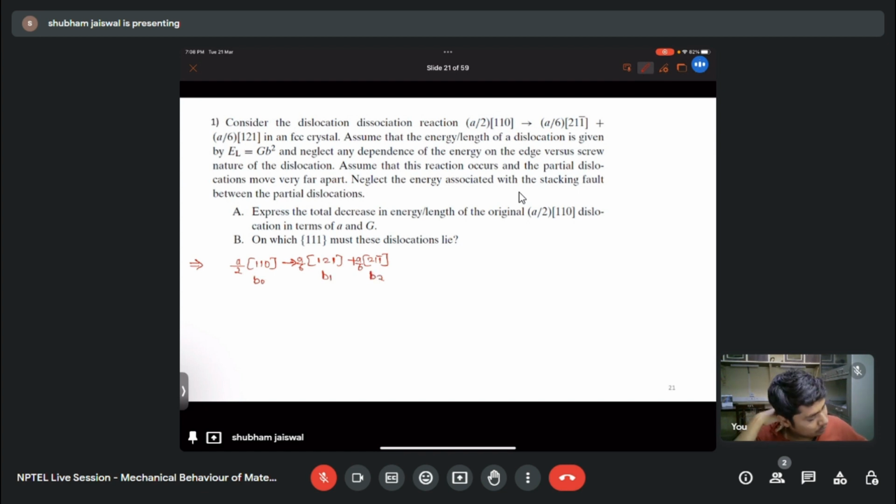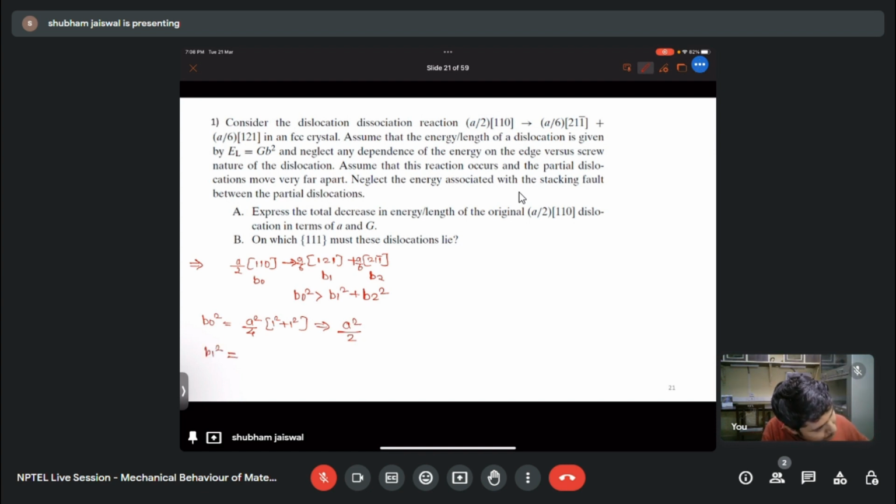The reaction is feasible when b0 square is greater than b1 square plus b2 square. Is it not? So let's find out the b0 square. So it will be a square by 4 of 1 square plus 1 square. So we'll get a square by 2. Okay. Now let's find out the b1 square.